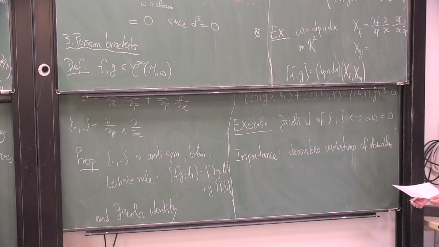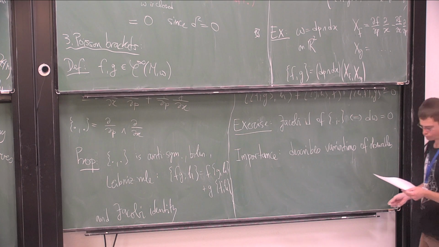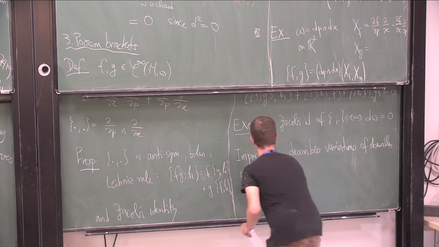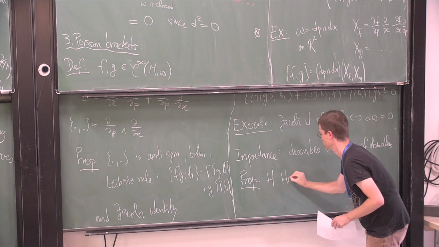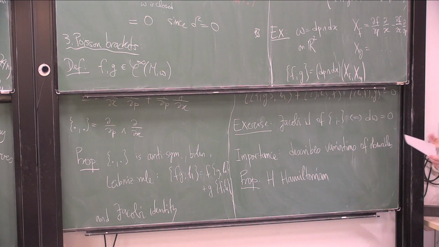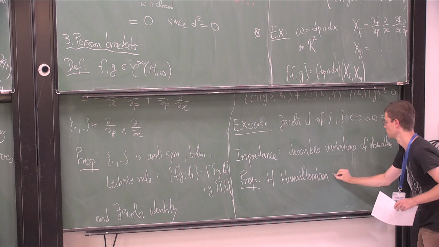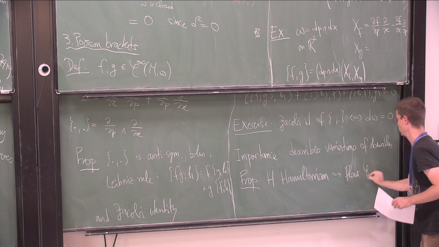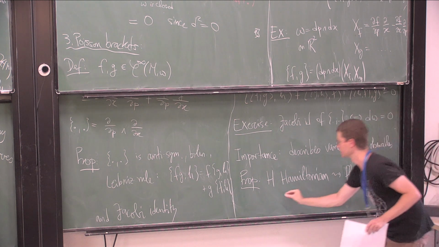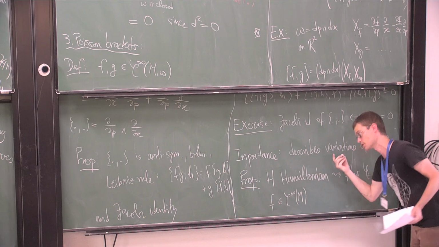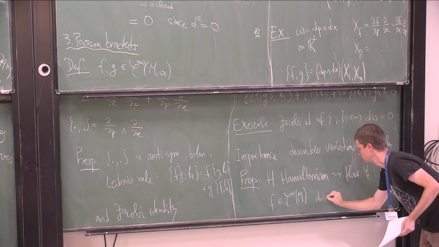So how should I write this? I think I will just write this proposition. I take H as a Hamiltonian. That's really something kind of strange: the Hamiltonian is just any kind of function, but somehow you take this function as generating your flow. It gives you this flow, phi t. And then you take any other function, which is not the Hamiltonian, typically called an observable.